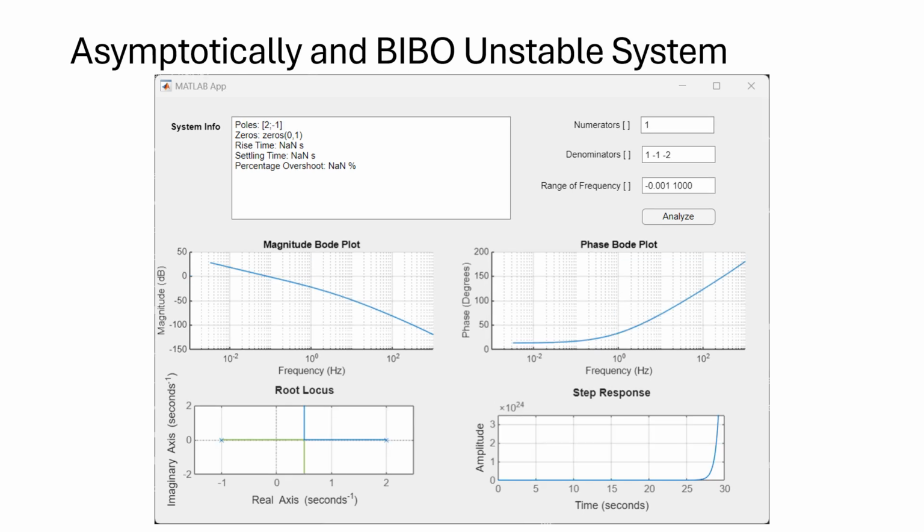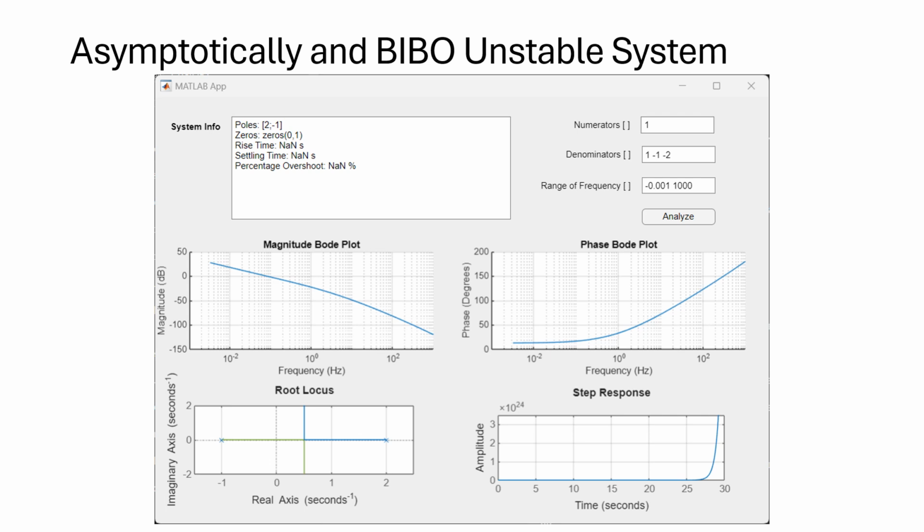So for my last example, this is a system that is both asymptotically and BIBO unstable, and it has a transfer function of 1 over s squared minus s minus 2, and it has a range of frequency of negative 0.001 to 1000.